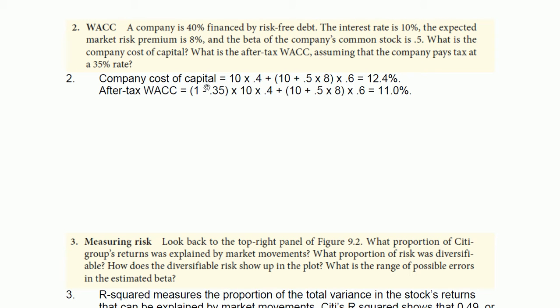So the company cost of capital is the weighted average of the cost of debt and the cost of common stock.